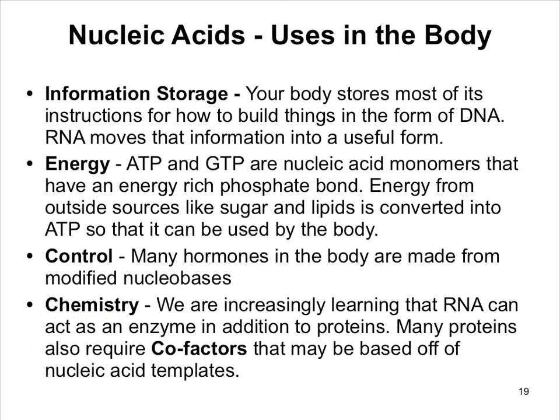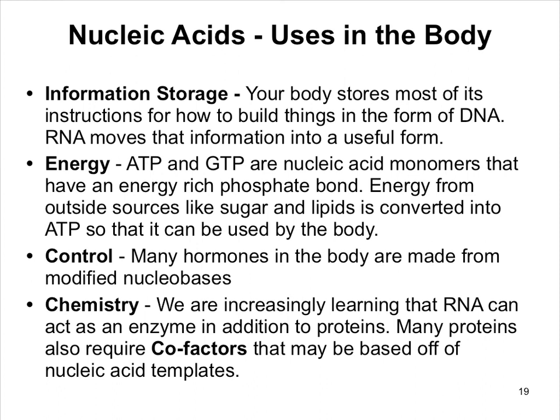Last, chemistry. Now, we talked about how proteins can form enzymes, and those enzymes do chemistry in the body. And I said a few things like, most enzymes are made from proteins, but that implies that some aren't. And we're finding increasingly that there are some enzymes that do important things in the body that are actually made out of RNA.